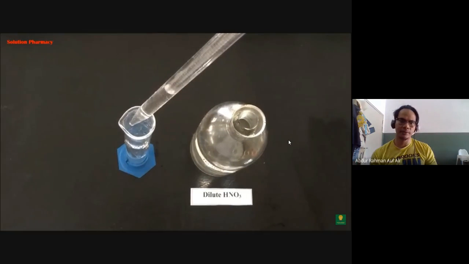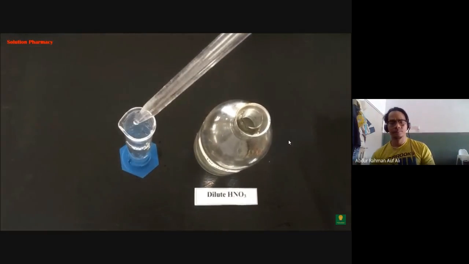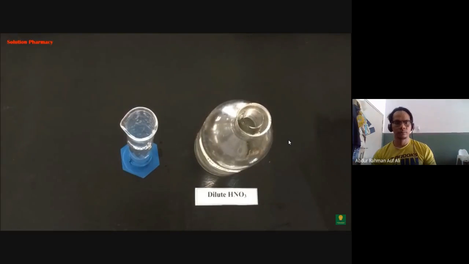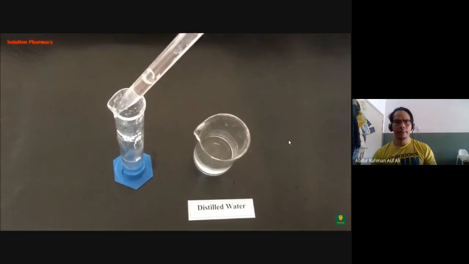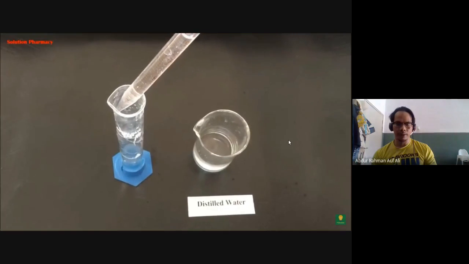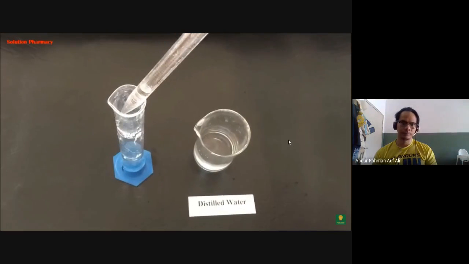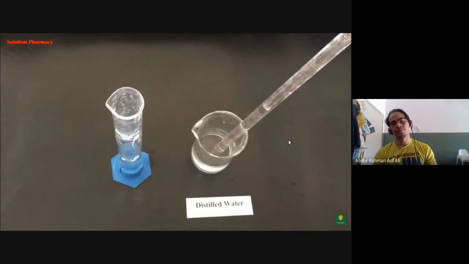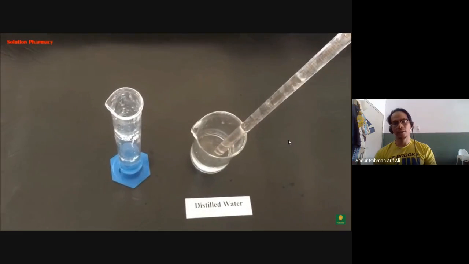Dilute means cair lah, sangat cair. And then you fill up with water sampai 50 milliliter. So then you just stir with the rod and then you observe the opalescence. Ada tak kekeruhan yang terhasil?